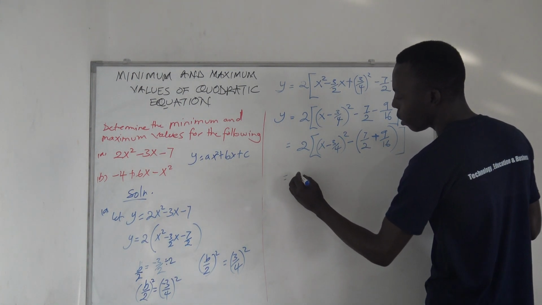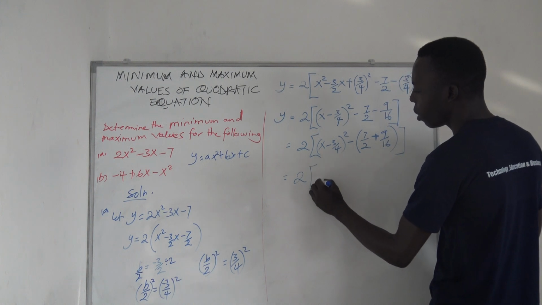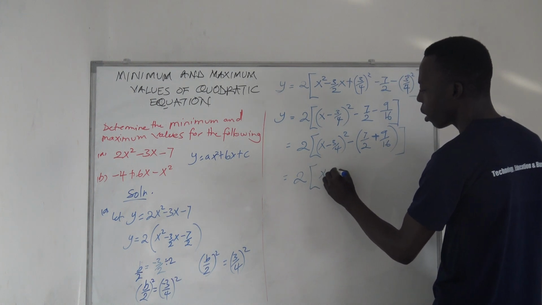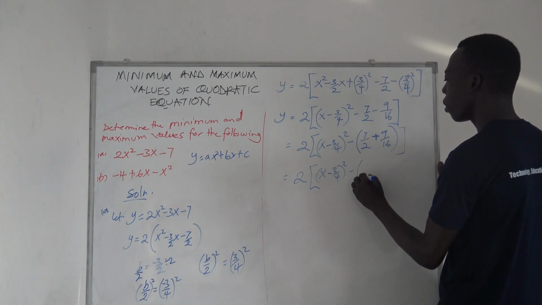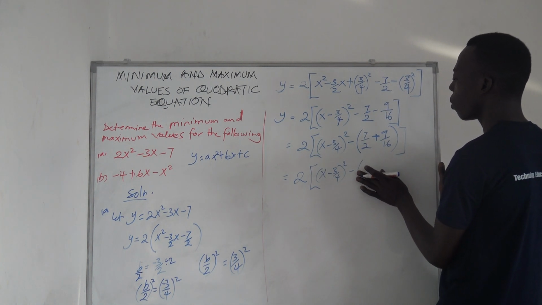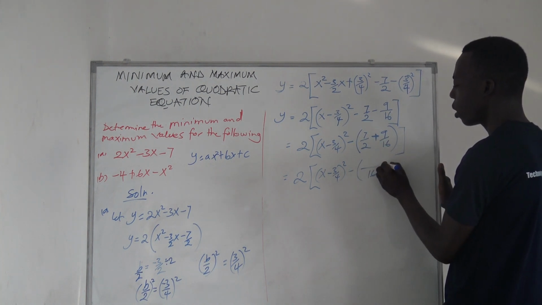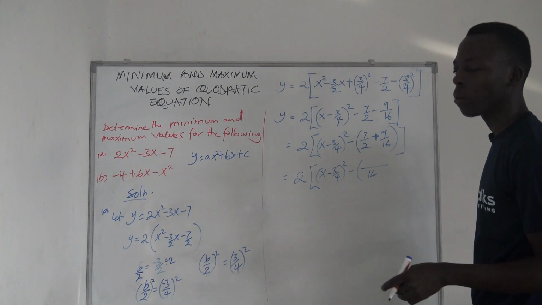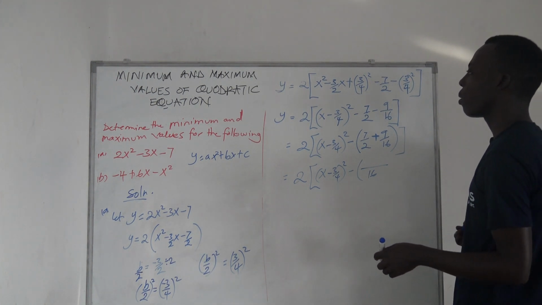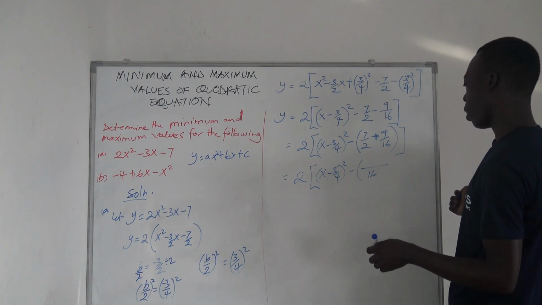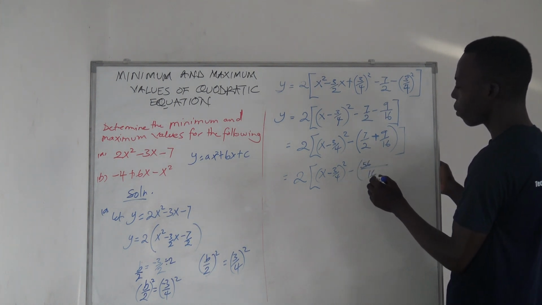So here it will remain as 2, open the bracket, x minus 3 out of 4, the whole thing squared, minus. Now when we deal with this bracket, the LCM is 16. You divide 16 by 2, get 8, times 7, that is 56. So here it becomes 56.